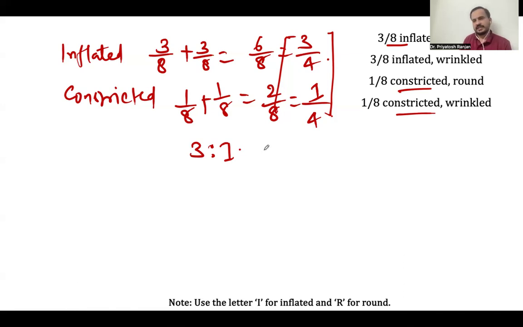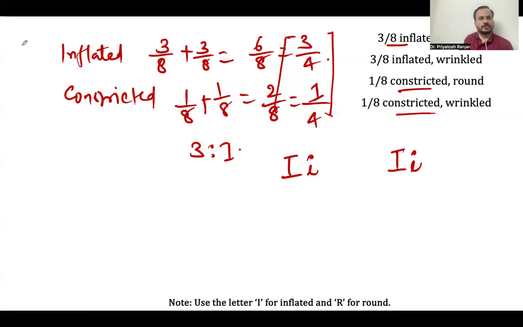It tells me that the inflated gene is in a heterozygous form, which I can easily represent as capital I, small i for one parent, and capital I, small i for the other parent.